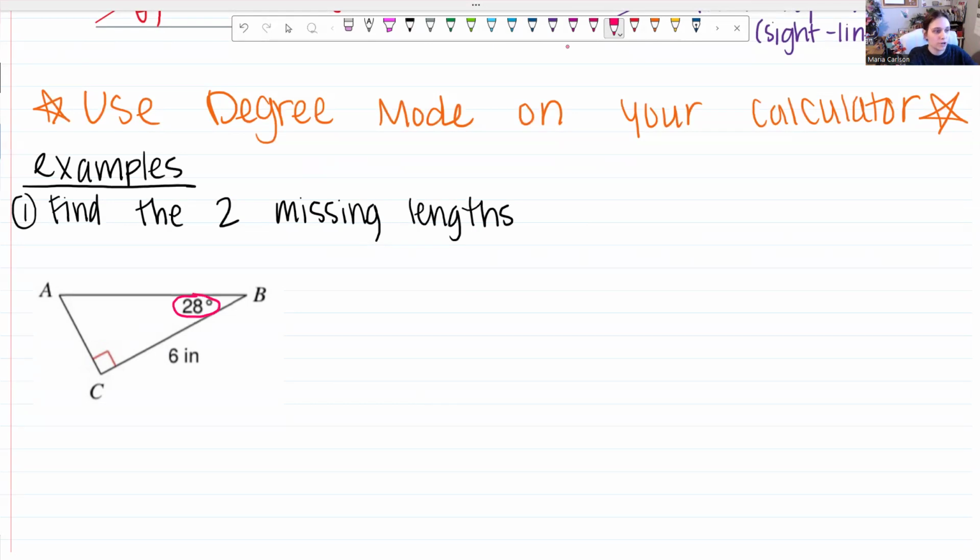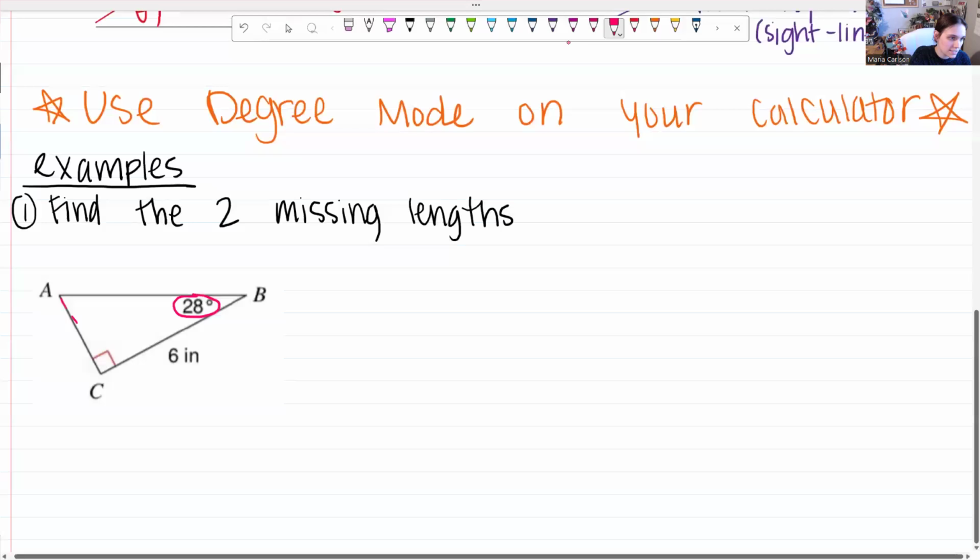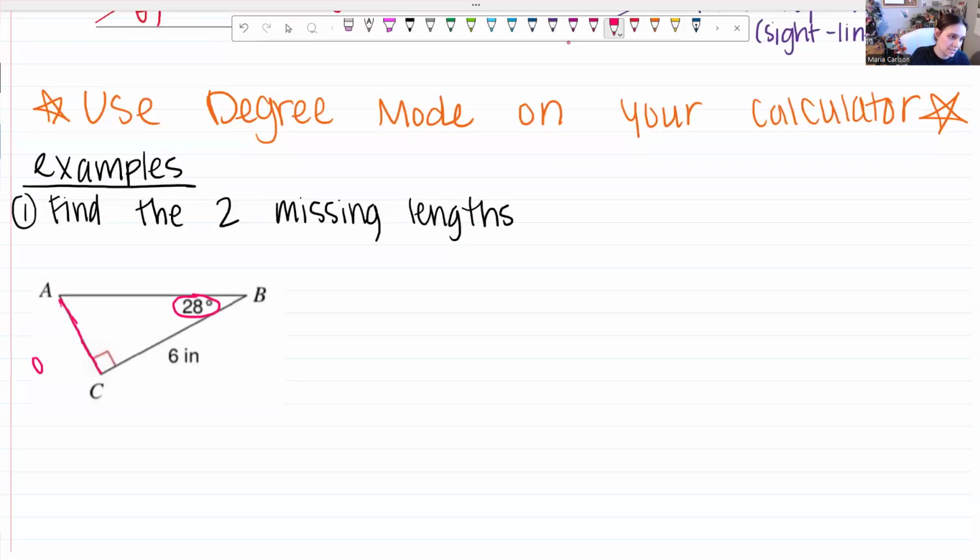Now, in relation to angle B, this side AC is directly opposite. The hypotenuse here is the long side AB. And that leaves the adjacent side of CB, which we know.